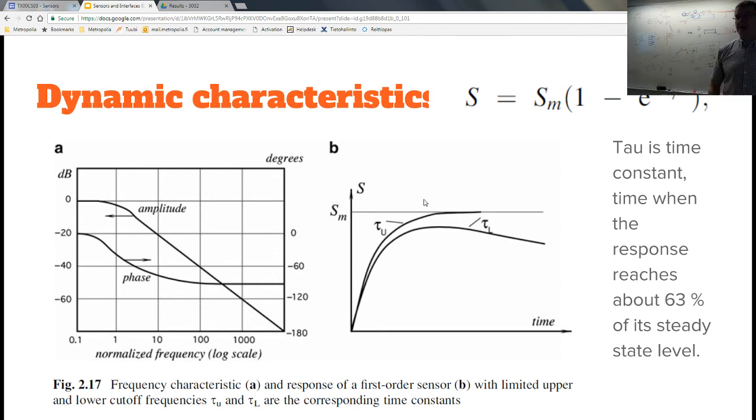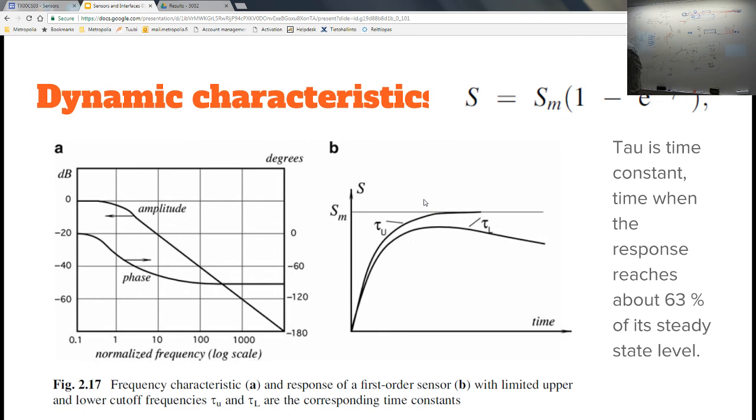So, now just a small word about the dynamic characteristics. The dynamic characteristics is also one part of the transfer function. The transfer function should also give how the output depends on time.